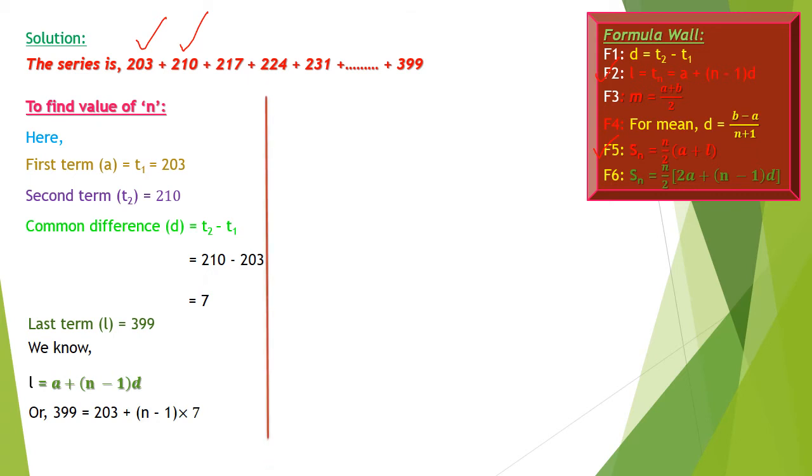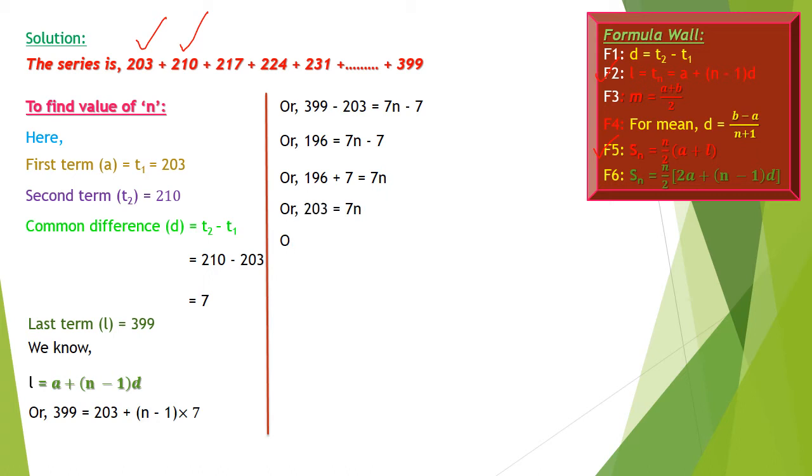Now with simple calculation, we can find the value of n. 399 minus 203 is equal to 7n minus 7, which is 196 equals 7n minus 7, or 196 plus 7 equals 7n. 203 is equal to 7n.